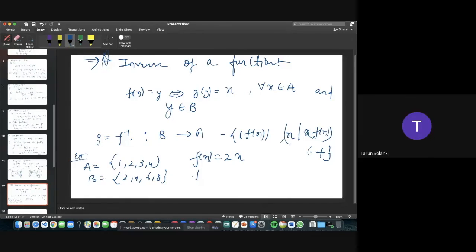Okay, so the function will be (1,2), (2,4), (3,6) and (4,8), right? Now talking about f inverse, which will be (2,1), (4,2), (6,3) and (8,4), right? So this is the example.